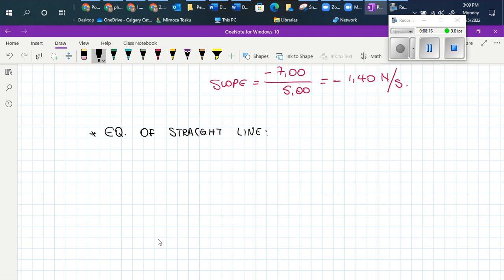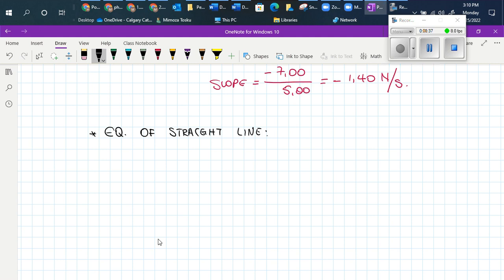To find the equation of a straight line there are many ways, and I'm not going into it because it is one unit in Math 10C. However, in physics we will use two forms.